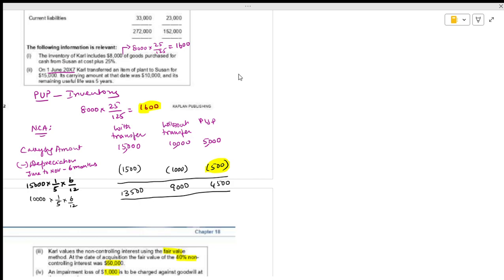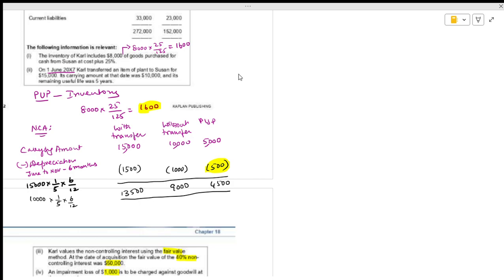Depreciation is excess or less? See, if we have sold it, the depreciation is 1500. It is only a transfer. When it is only a transfer, the value is less. The value is 10,000.